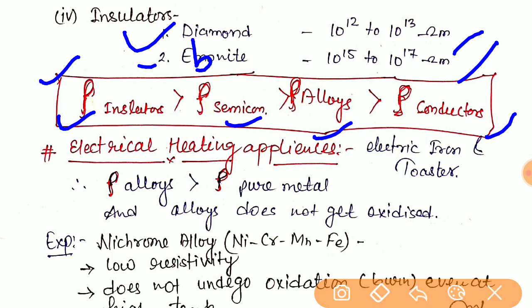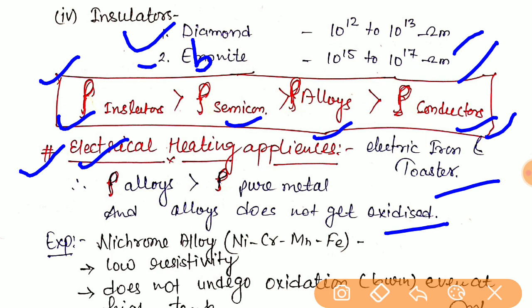Sometimes the question comes: what type of conductors are used in electrical heating appliances like electric iron and toaster? So here, as we know, the resistivity of alloys is greater than that of pure metals. So in this case we use an alloy, because an alloy does not get oxidized.